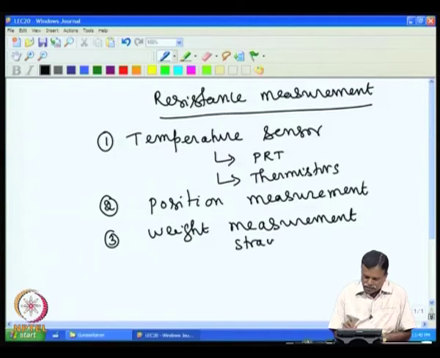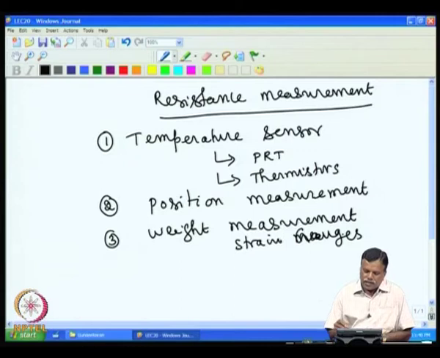So, they are basically resistance sensors, strain gauges. There again, resistance change is used to measure the weight or the strain and so on. Here in position measurement we use potentiometers, and the temperature sensor like that. We have very many resistance sensors.